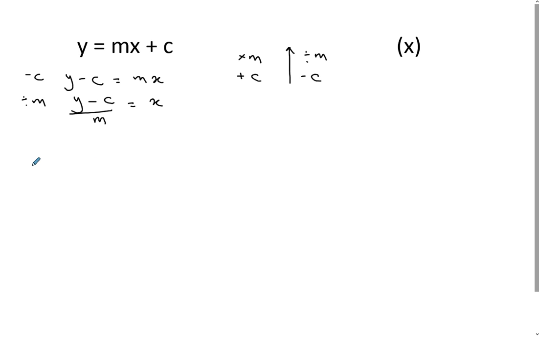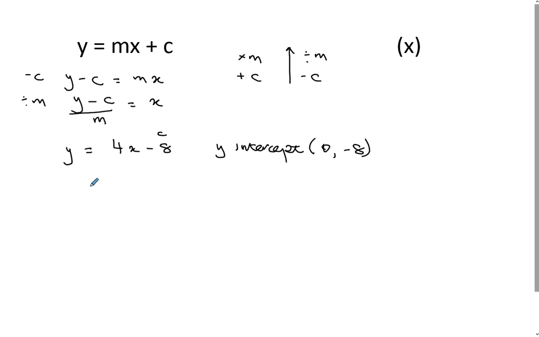Okay, let me just tell you something more about a straight line equation. If you've got y equals 4x minus 8, that is your c, so that is your y-intercept. So your y-intercept is 0, minus 8.